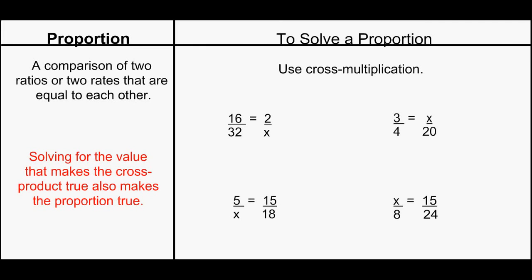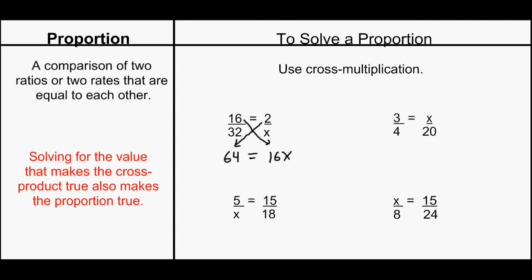Here, we would like to find the value of x that would make the two fractions a proportion. We will use cross multiplication and solve for x. 2 times 32 equals 64. 16 times x equals 16x.